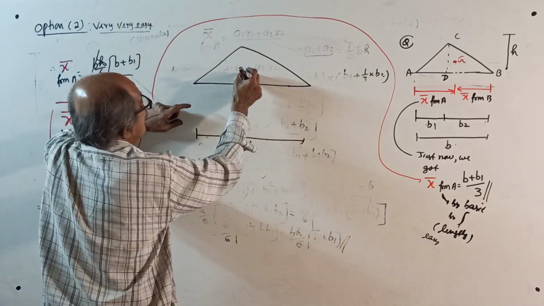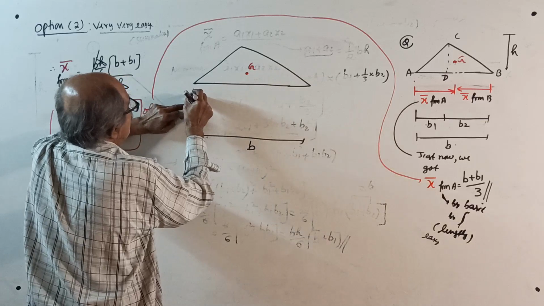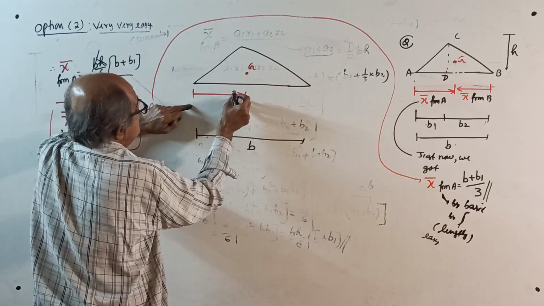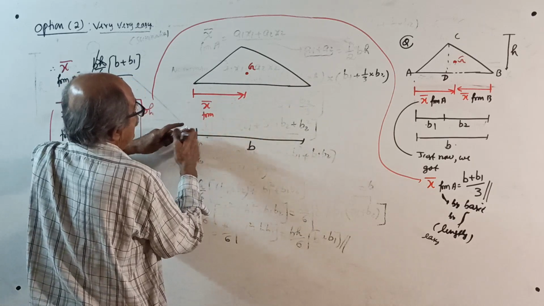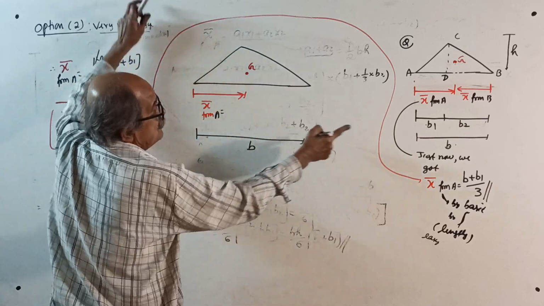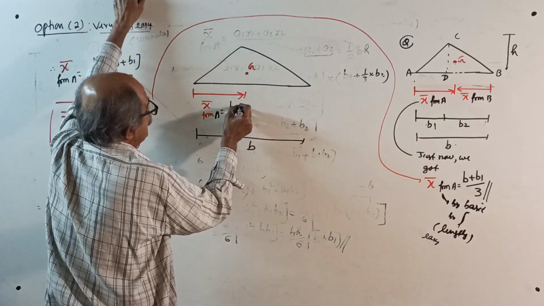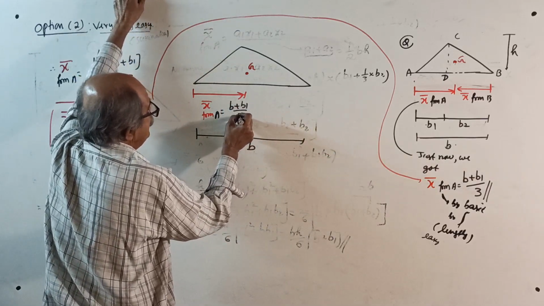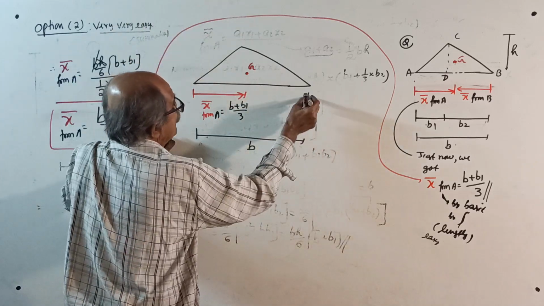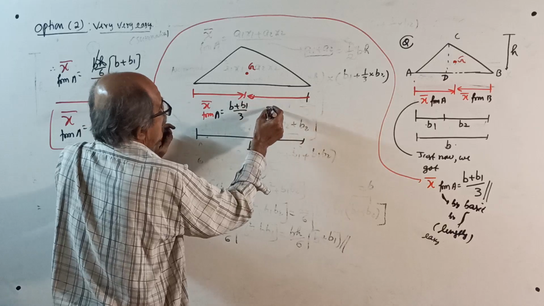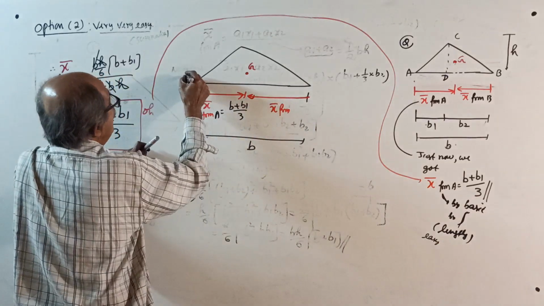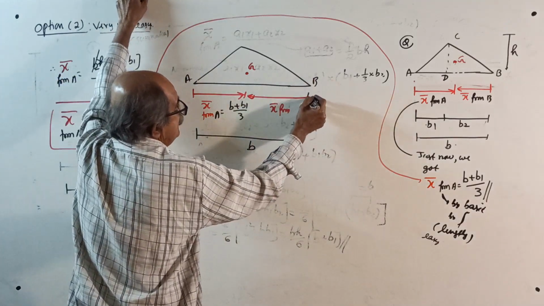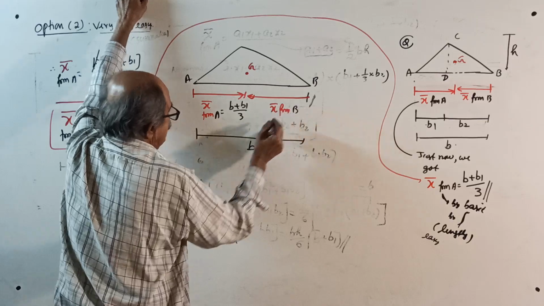From A, the centroid, we got this x bar from A, which is b plus b1 divided by 3. This will be your x bar from B. This is A, this is B.